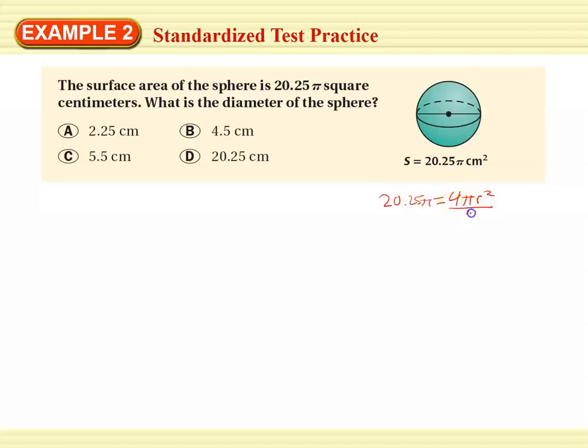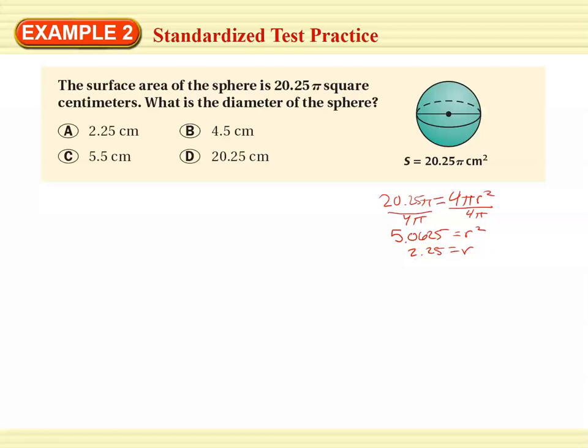So we need to divide by the 4 pi. 20.25 divided by 4 is 5.0625, and it's equal to r squared. So take the square root of that to figure out what the r is, and that's 2.25 is your radius.